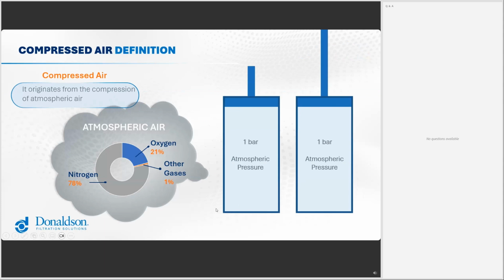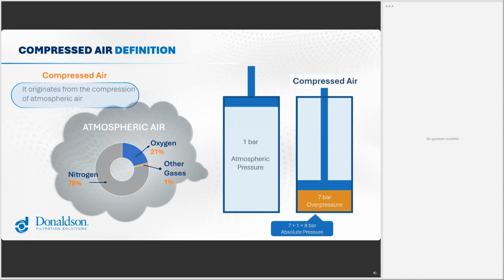Imagine you have this atmospheric air at atmospheric pressure, which is 1 bar. Now you put it in a closed volume and start to compress the air, for instance, to an overpressure of 7 bar. That means by adding the atmospheric pressure of 1 bar, you have a total absolute pressure in that smaller compressed volume of 8 bar.